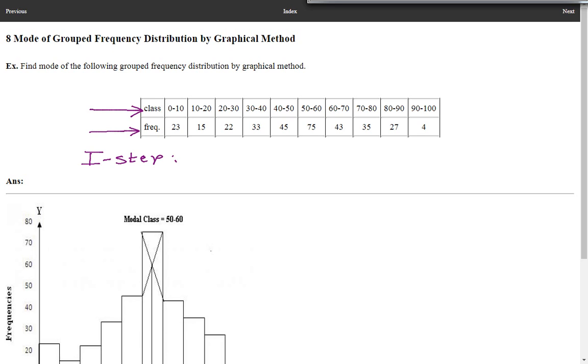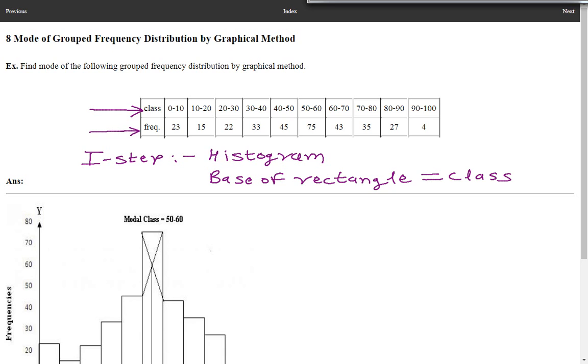How to draw a histogram? To draw a histogram, we have to draw rectangles or bars, and the base of the rectangle is the class. So the base of the rectangle is the class and it is on the x-axis.